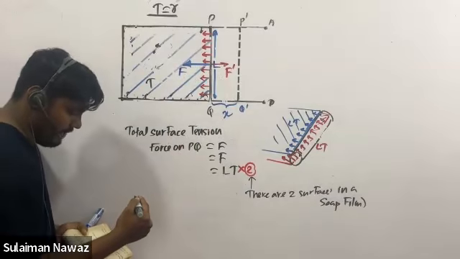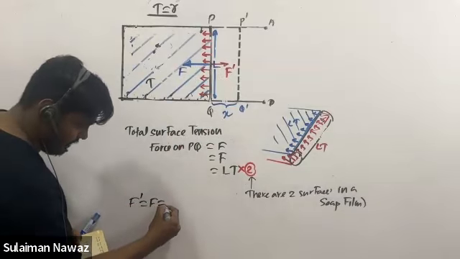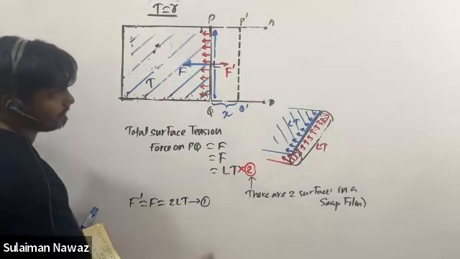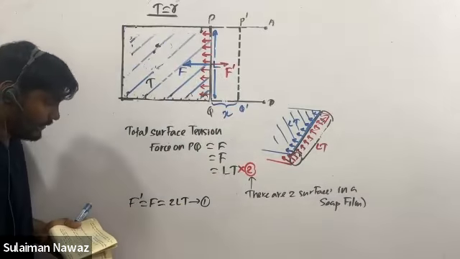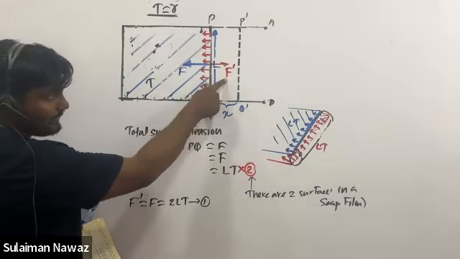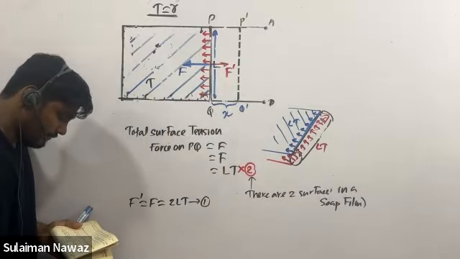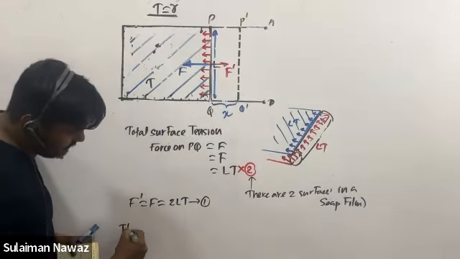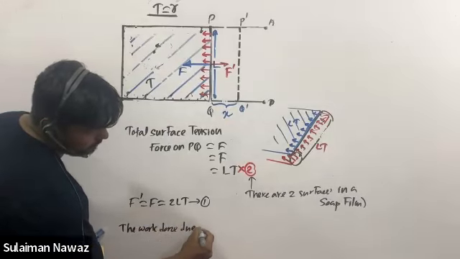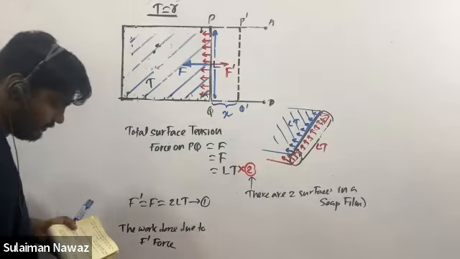Okay. Minimum force required. We know F dash is at least equal to capital F, that means 2LT, equation 1. Now, because of this capital F dash force, the work done equals what?